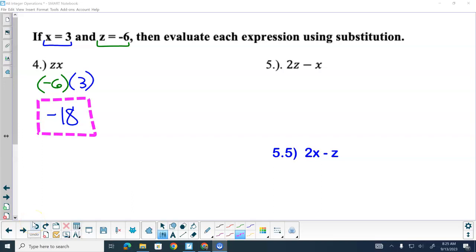So this would be 2 times z, which is negative 6, then minus x, which is 3. 2 times negative 6 is the first thing that I'm going to do because I don't have parentheses that I have to do anything inside, and I don't have exponents. 2 times negative 6 is? Anybody? Negative 12. Good. Negative 12 minus 3? Negative 15.